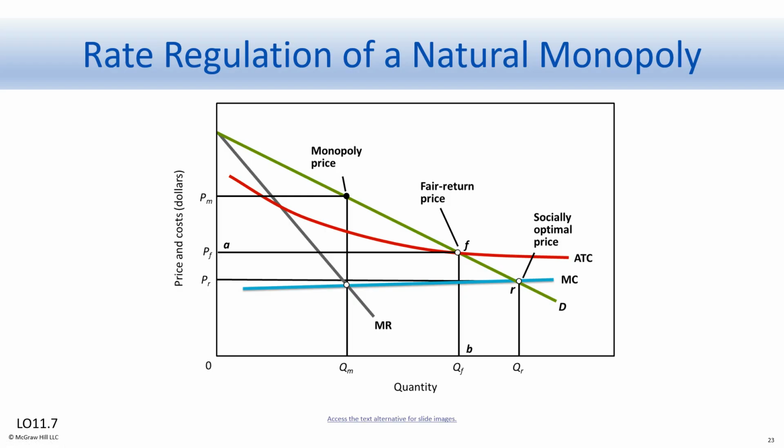This is where society wants to be. They want a lot of electricity at a cheap price. Okay? Society is better off in the aggregate at point R. However, there's a problem with forcing the public utility company to charge a rate equal to P sub R here.